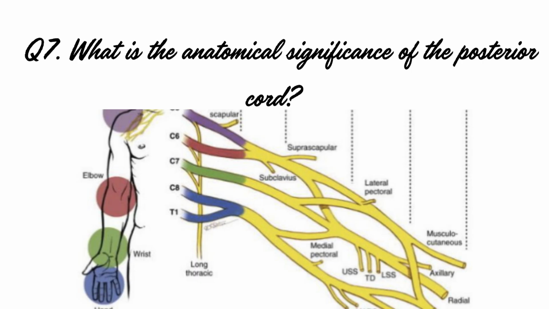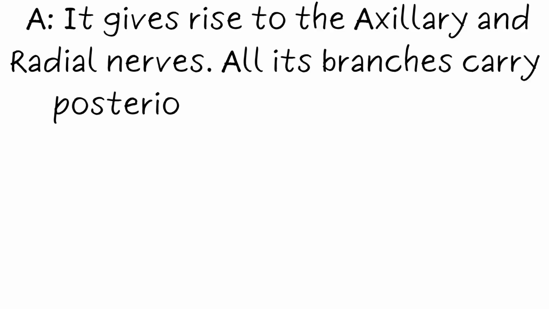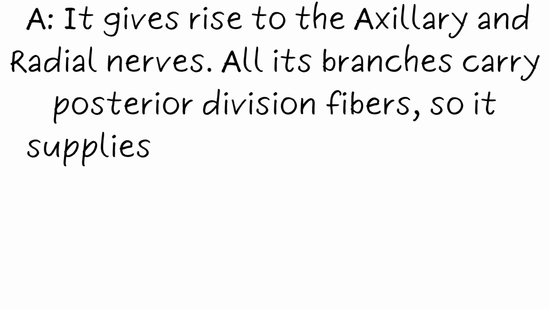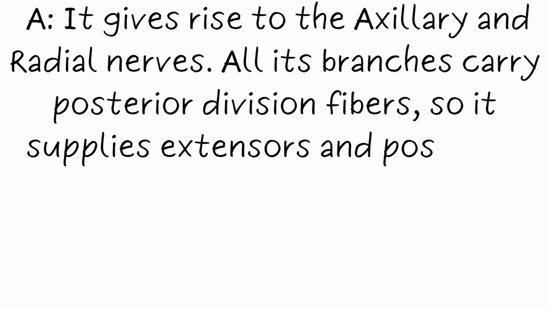Question 7. What is the anatomical significance of the posterior cord? The answer? The posterior cord gives rise to the axillary nerve and also the radial nerve. All the branches of the posterior cord carry posterior division fibers.